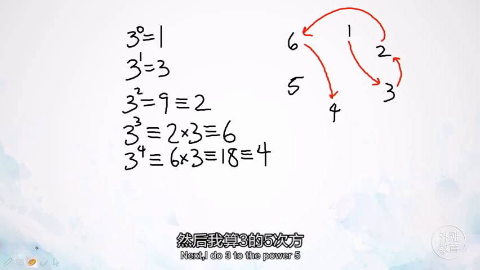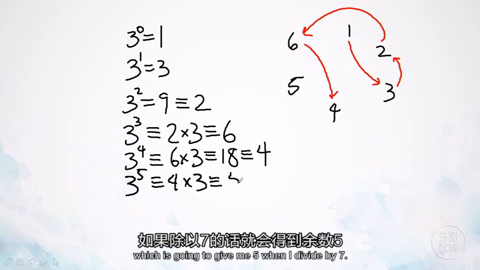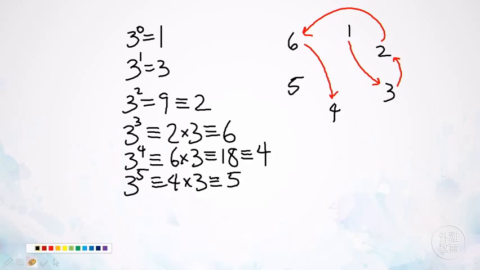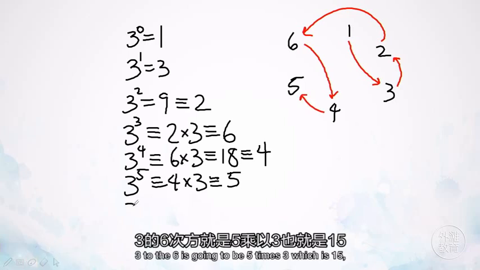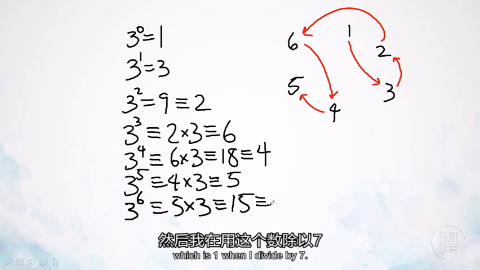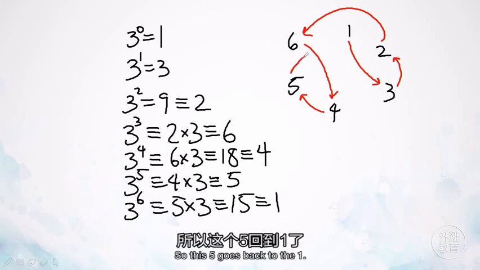Next, 3 to the power 5 is congruent to 4 times 3, which is 12, which is going to give me 5 when I divide by 7. And that will connect to here. 3 to the 6 is going to be 5 times 3, which is 15, which is 1 when I divide by 7. So this 5 goes back to the 1.